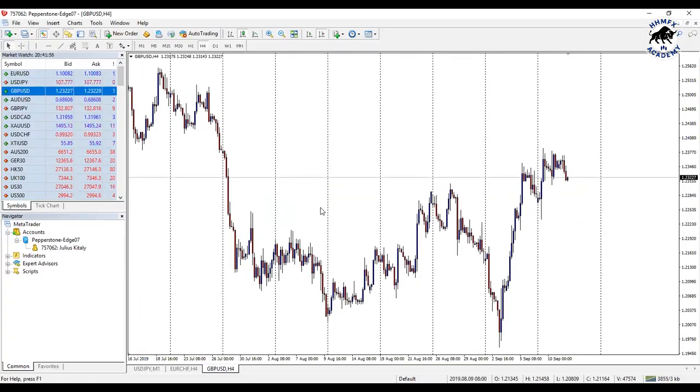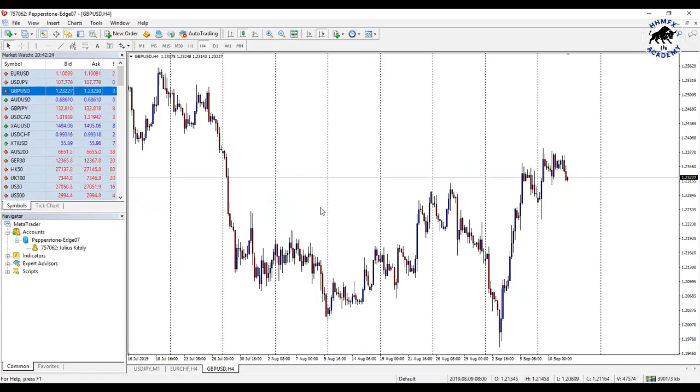Okay, guys, we need to discuss this. This is very important. Moving averages show us exactly where the market is acting.